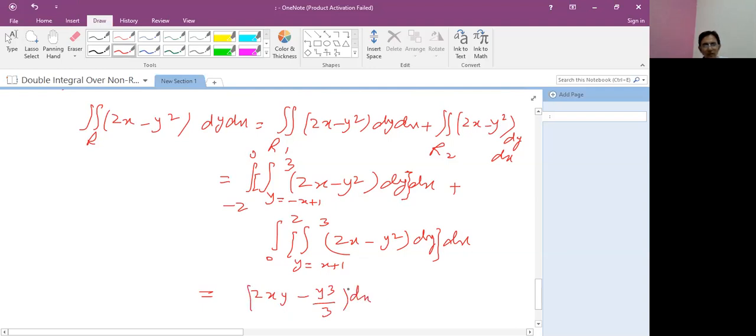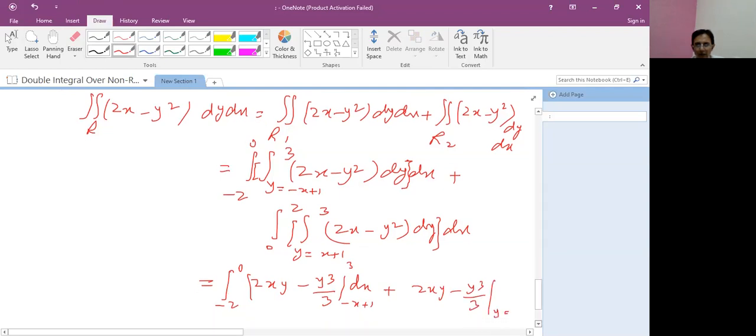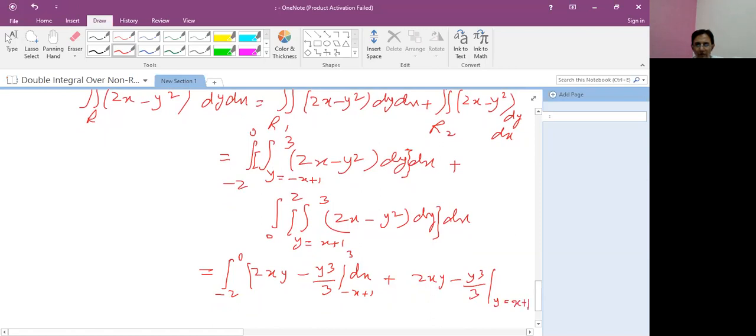The limit is minus x plus 1 to 3, and the limit of x is minus 2 to 0, plus similarly, the value is 2xy minus y cube over 3, but the limit of y is here x plus 1 to 3 into dx.